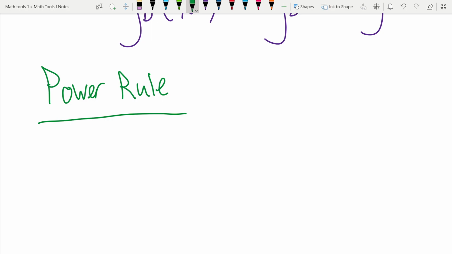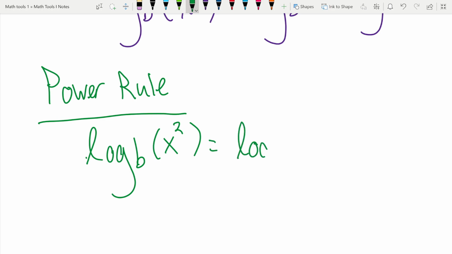So this says that if we have log base b of, let's start with a specific example rather than writing out the actual rule. A little bit specific, right? We're still not specifying the base, but we're saying log base b of x squared. Okay. Then this is equal to log base b of x times x, of course.